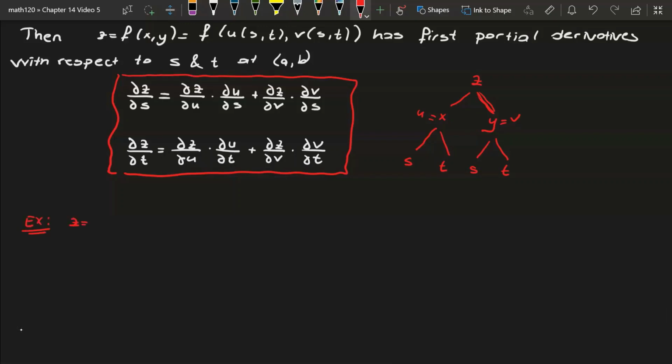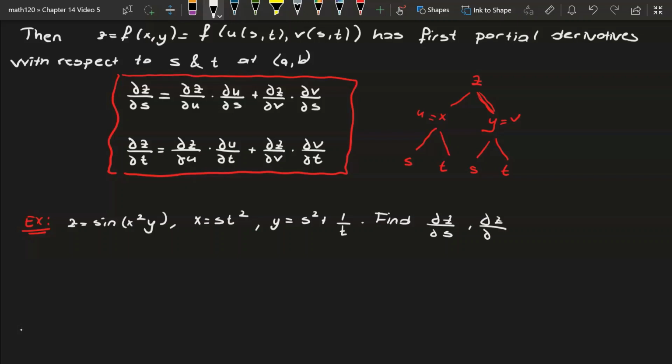Let z be, okay, maybe it's better to write w. z is sine of x squared y. x is s times t squared. y is s squared plus 1 over t, and you are asked to find the partial derivatives of z with respect to s and t.